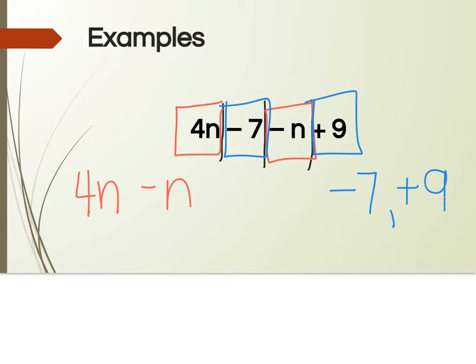You will notice that the 4n and the -n both had n's in them, and the -7 and the +9 were constants without a variable or letter.